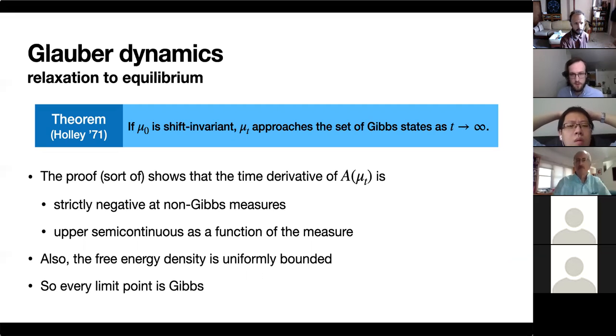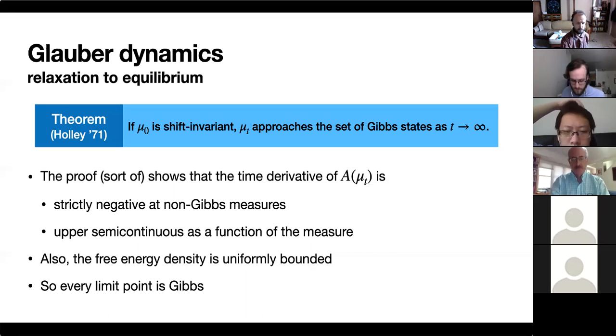What I mean by approaching the set of Gibbs states is if I take an open neighborhood of the set of Gibbs states, then for all large enough t, we're eventually in that set. Of course, large enough depends on where we start, right? Or in other words, if you look at mu t as a function of t, every limit point of that is a Gibbs measure.